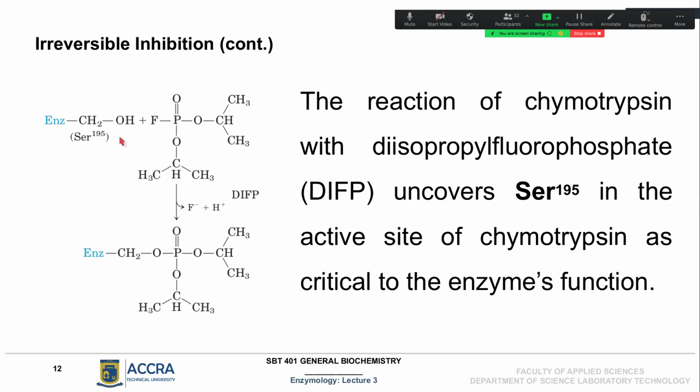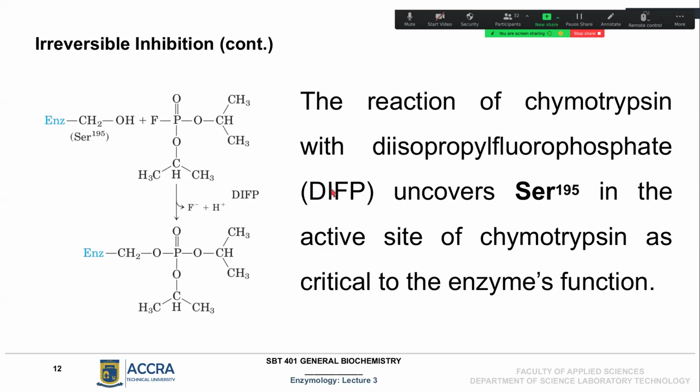Then we have the compound diisopropyl fluorophosphate, DIFP for short, which acts as an inhibitor to the enzyme chymotrypsin. And this time around, DIFP is an irreversible inhibitor.